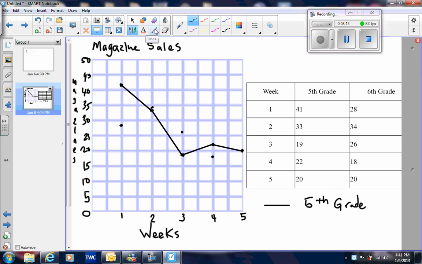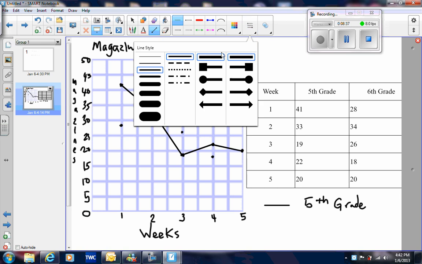All right, now as I put in my line here, I want my line to be different than the 5th graders. I could choose to make it a different color. I could choose to make it a different style. Whatever it's going to be, make my decision and go with it. So I think I'll go ahead and make mine a dotted line.